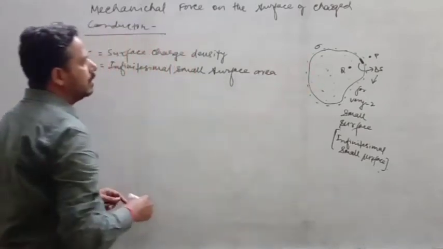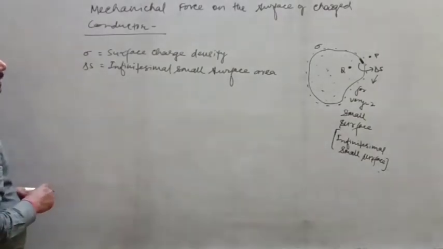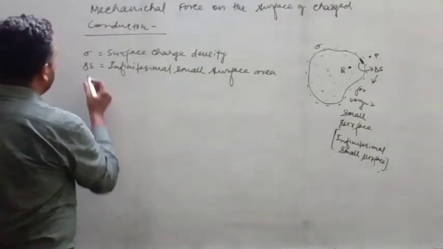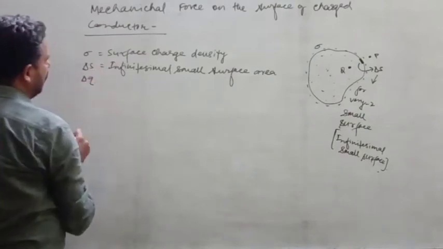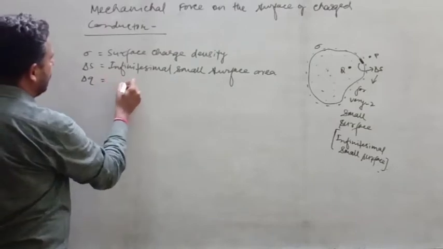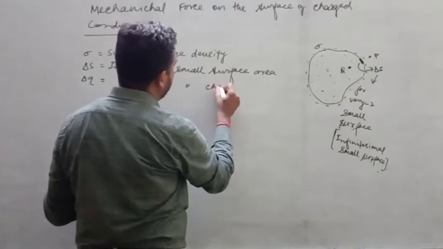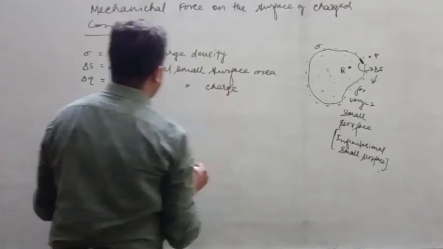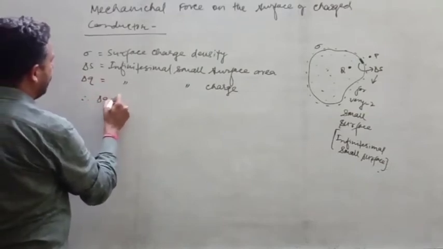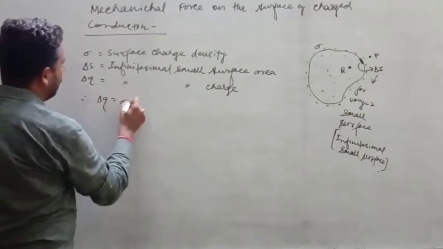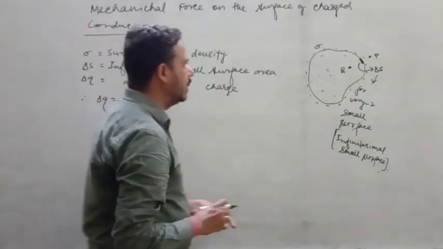For a small surface area there will be a small charge, which I write as delta Q. This is an infinitesimal small charge. Therefore, delta Q is equal to sigma delta S. Keep this in mind; we will use this.